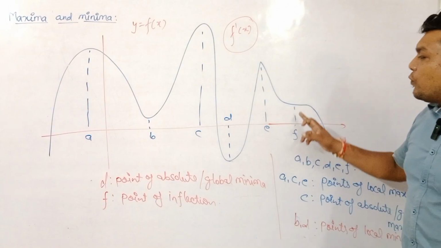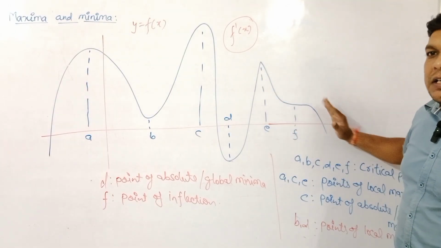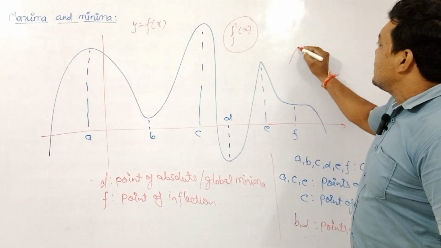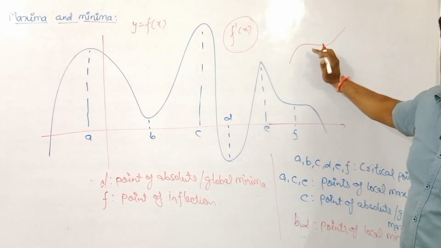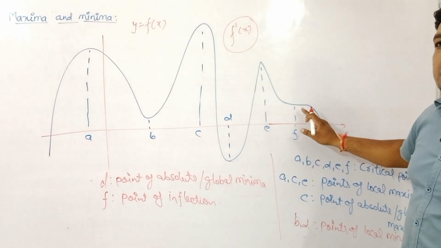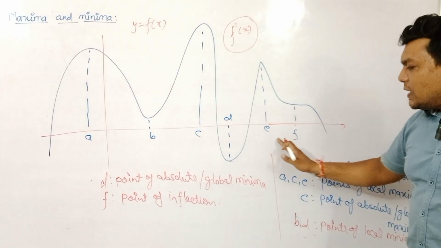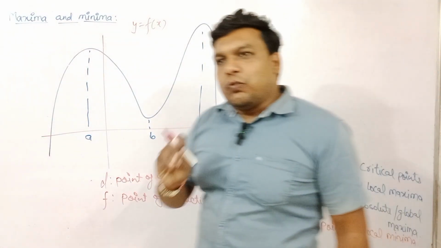Okay, if the sign of f dash x does not change, negative 0 negative, or positive 0 positive, this is also a point of inflection. That means if the sign of f dash x does not change as x increases through the point, then that point is called point of inflection.